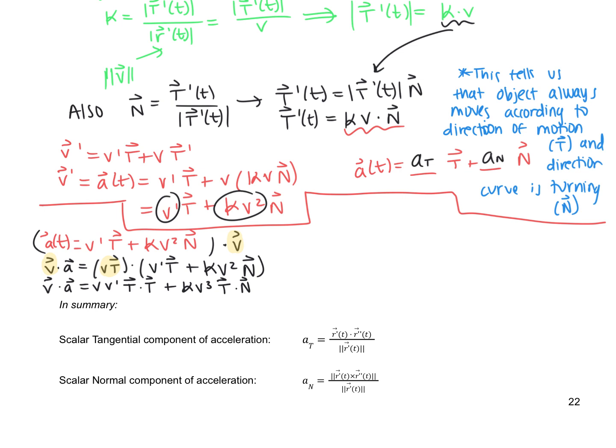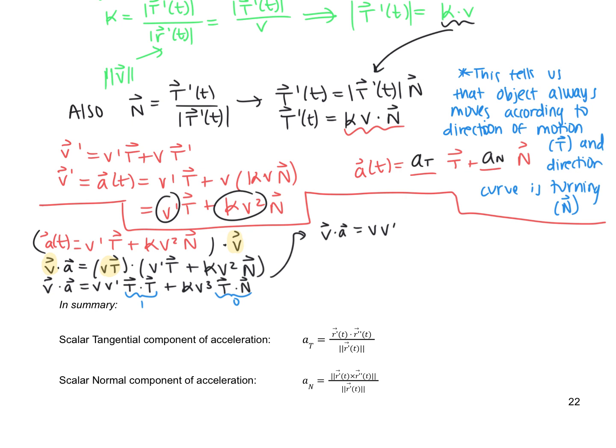Okay, so here's why that's helpful. T dot N, well, those are orthogonal, so that's going to be 0. T dotted with itself is going to give us 1 because it's a unit tangent vector. So hence where this takes us is that v dot a is v times v prime.